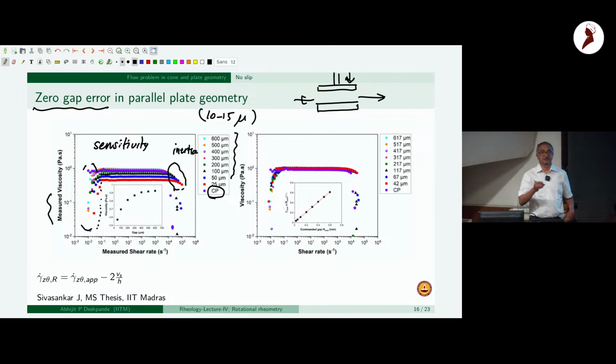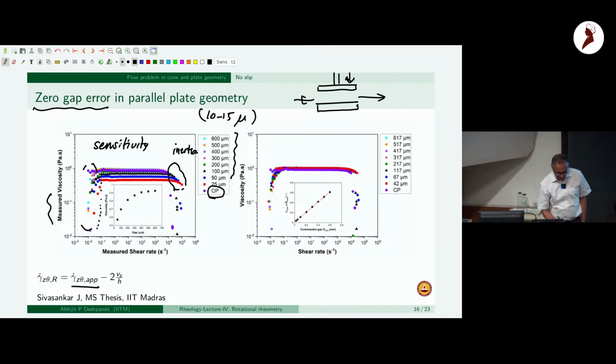But even where the viscosity is supposed to be constant, and this measurement was done on a suspension, we are struggling with whether this is a real effect. Again, I have copied and pasted, but I forgot to change this equation.